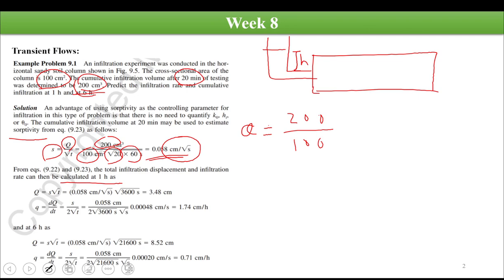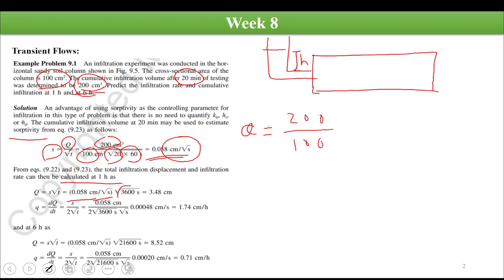We write the same equation in a different form: Q is equal to S square root of T. The value of S we have calculated as 0.058 centimeter per square root of second, and the time is 1 hour.